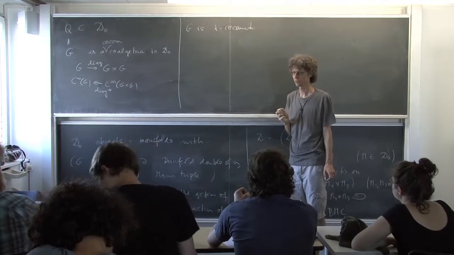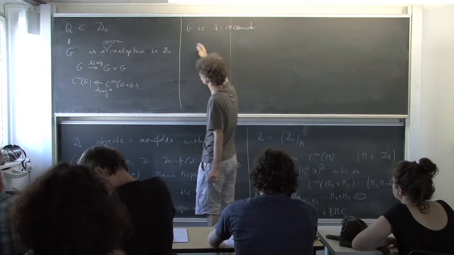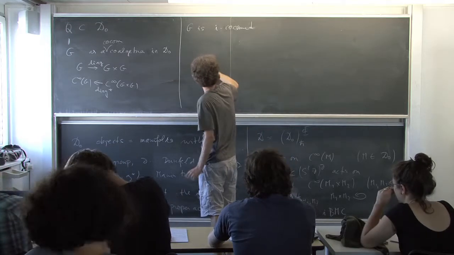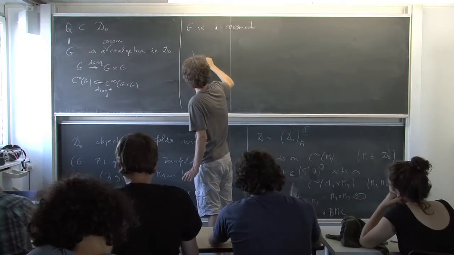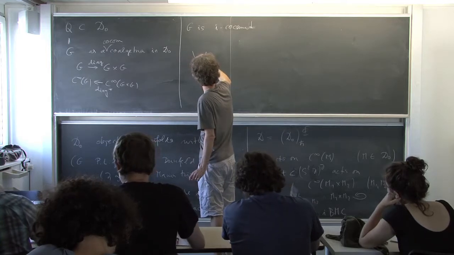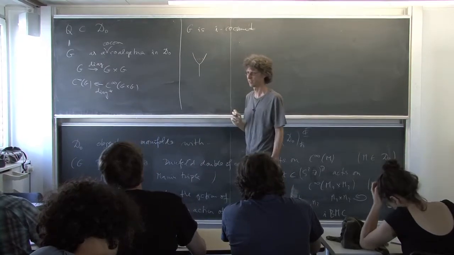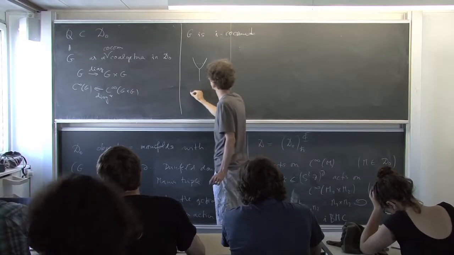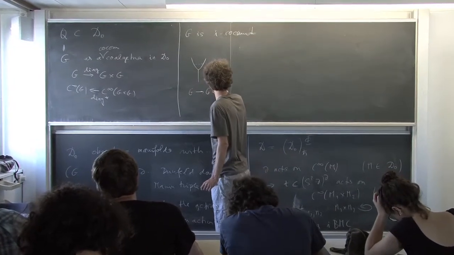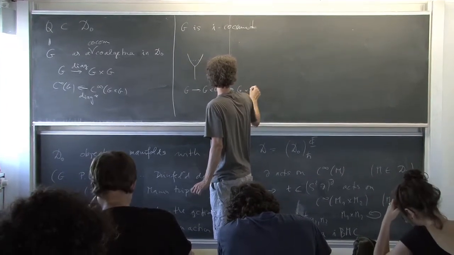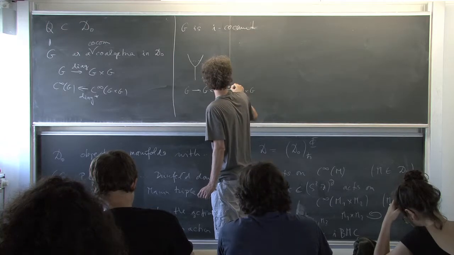You remember there was this definition of infinitesimally co-commutative: you apply the coproduct and then you place T here. So from G to G times G and then to G times G, you put T, G, G.